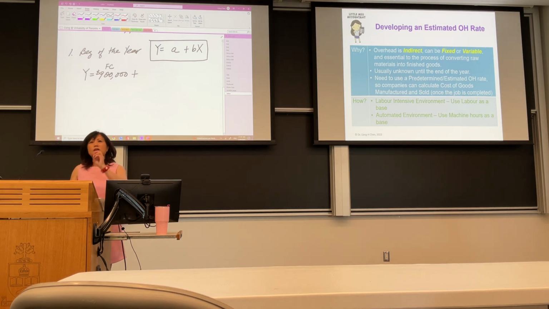And I'm going to use the cars I service as the cost driver. The more cars I service, the more the variable cost. So this is what we learned in chapter 2 and chapter 3, and I applied that concept in here. Let's say every car I service will be $30 per car extra. So with number of cars X, this is the mathematical equation.